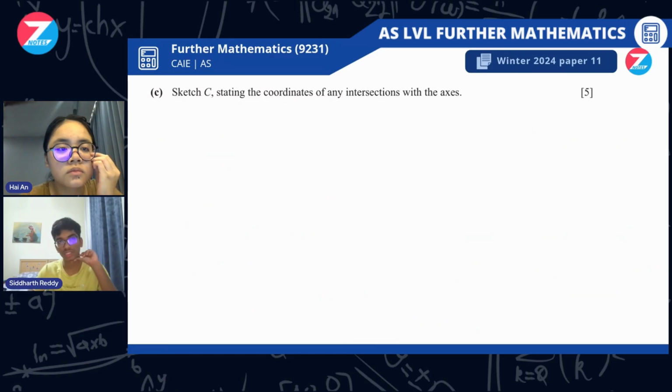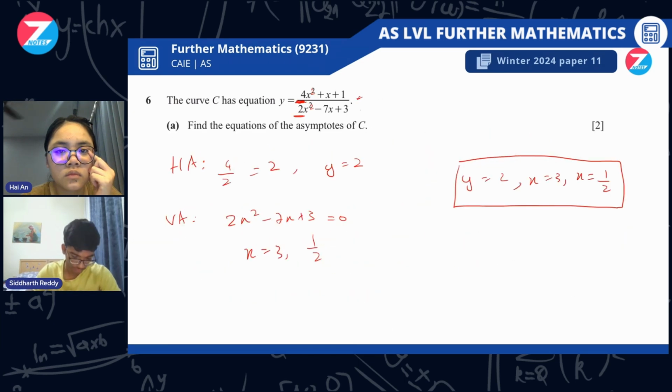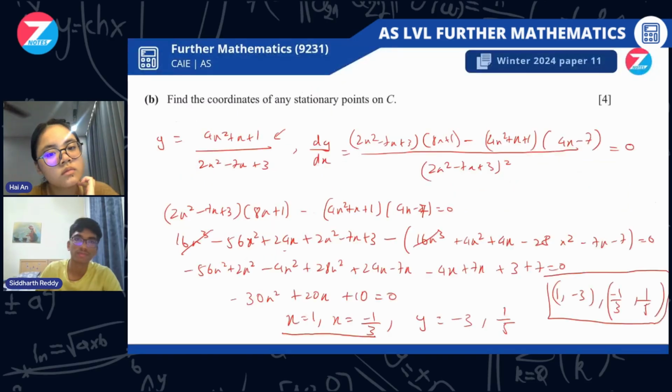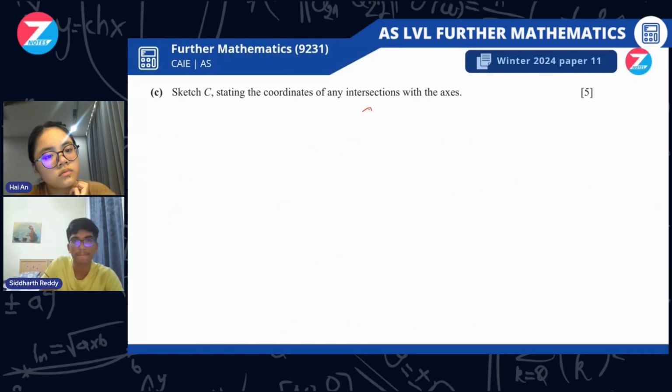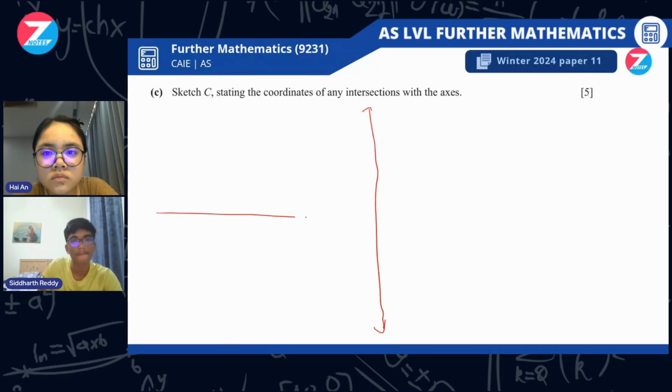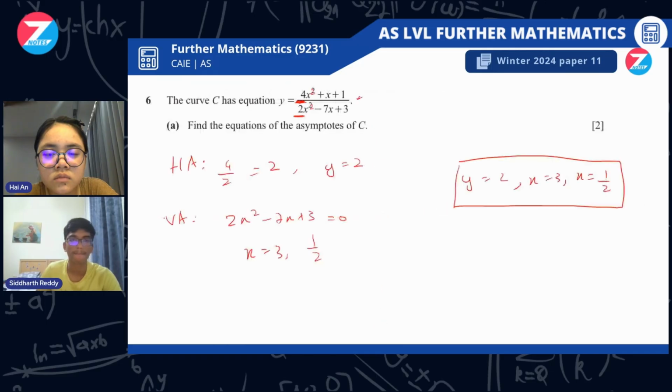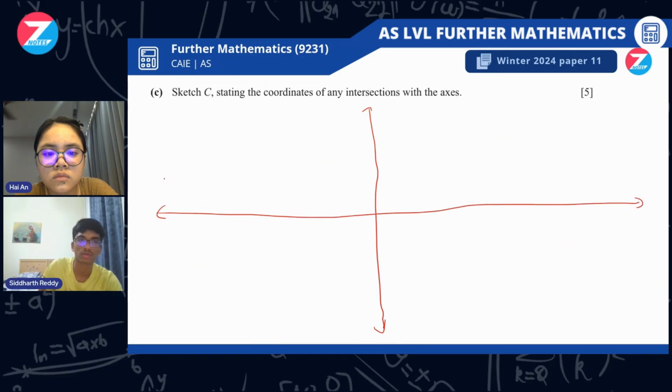Okay. Sketch C, stating the coordinates of any intersections with the axes. So first let's draw the xy plane in rough. We've got y is equal to 2, that's a horizontal asymptote.